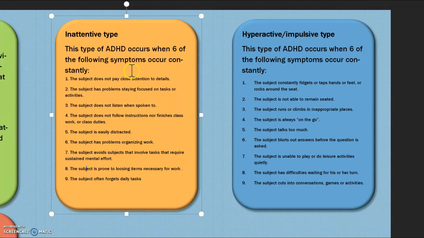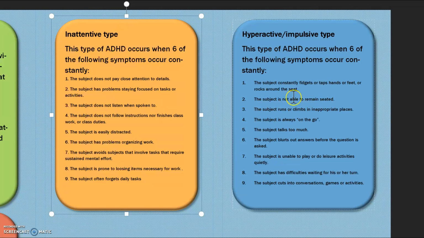Okay, for young adults that are 17 or older, the number of constantly occurring symptoms, instead of 6, changes to 5 for both criterions, hyperactive or inattentive. Anyways, on the other side, hyperactive or impulsive, the subject constantly fidgets or taps hands or feet.